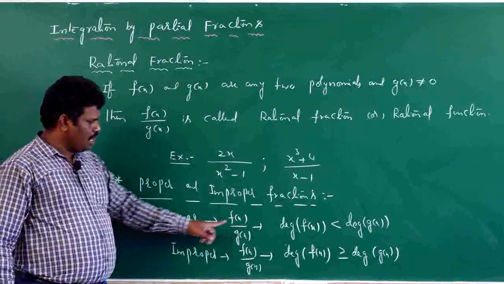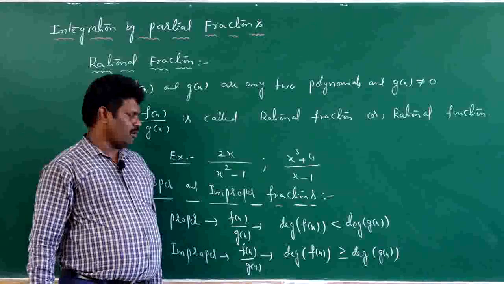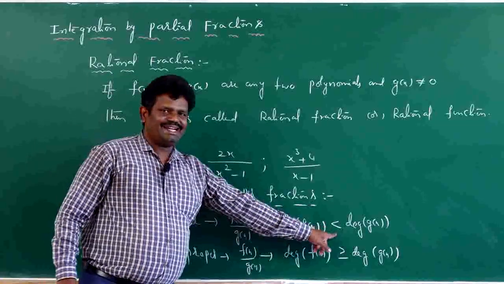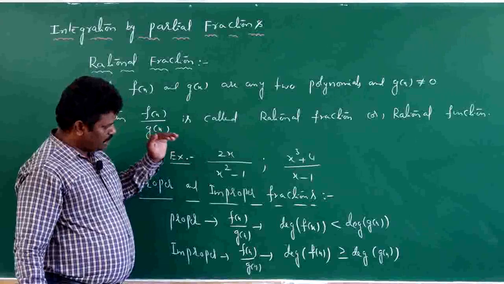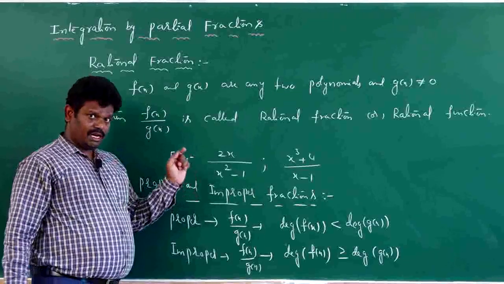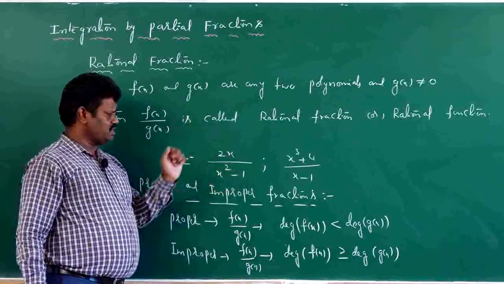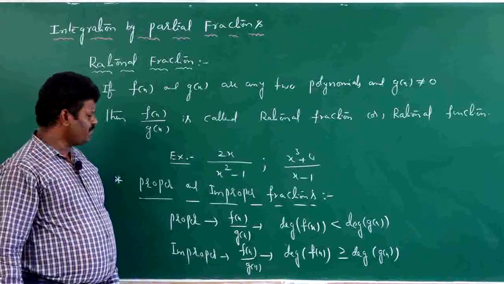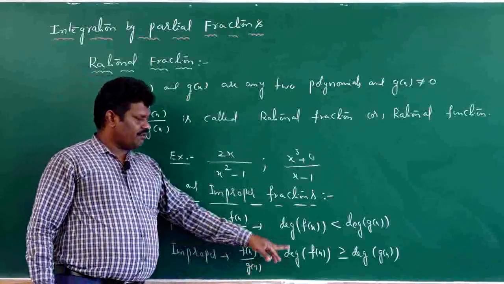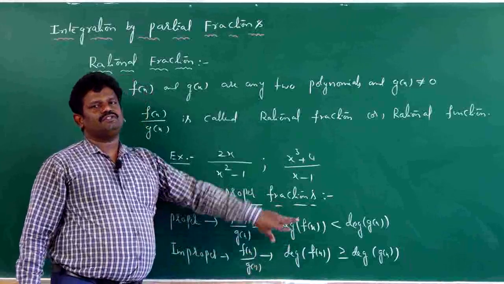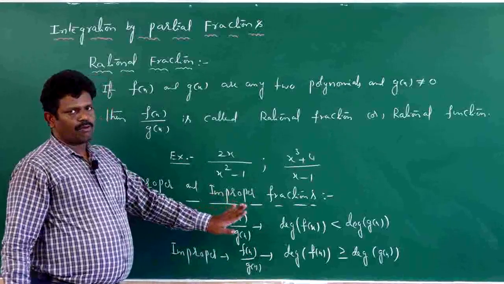Proper means the numerator degree compared with the denominator degree is lesser, so that fraction is said to be a proper fraction. Improper means the degree of f of x is greater than or equal to the degree of g of x.